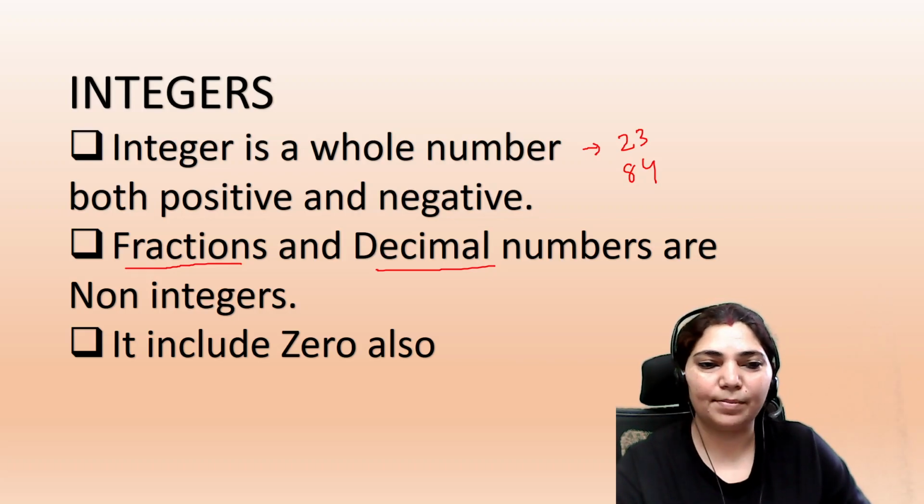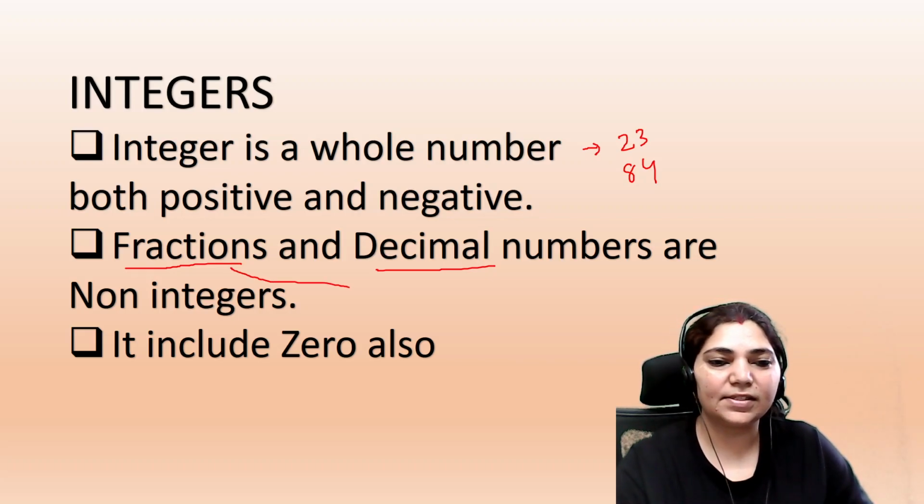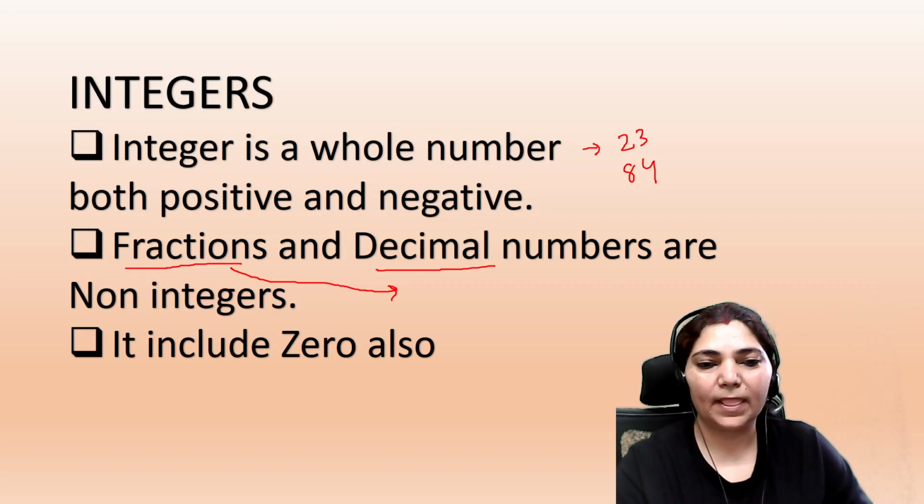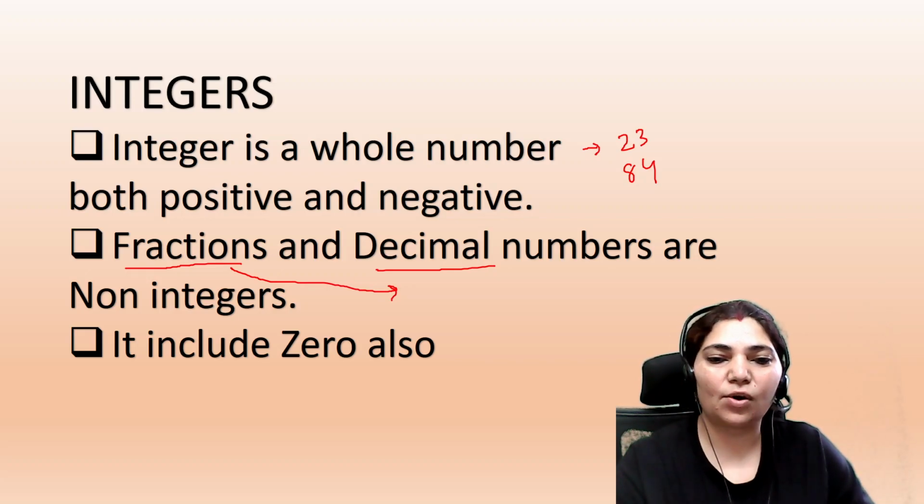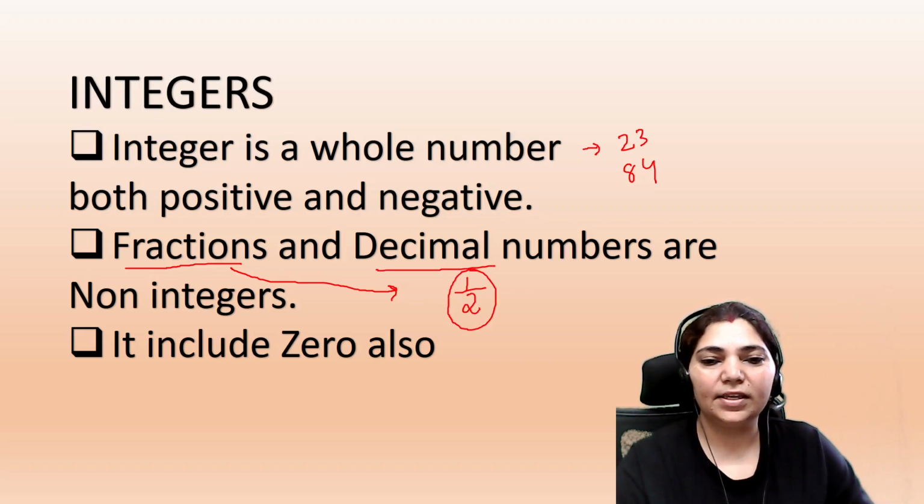Like for example, let us discuss fractions. In a fraction we can see the number is not complete, it is just a part of it. For example, if I say 1 by 2, this is not a complete number. That means it is not a whole number, it is a part of a number, so this is not called an integer.